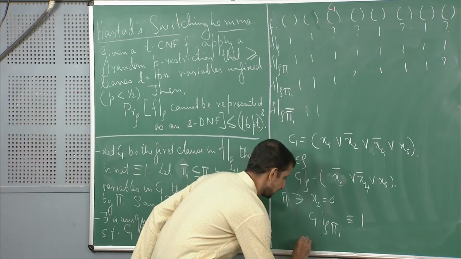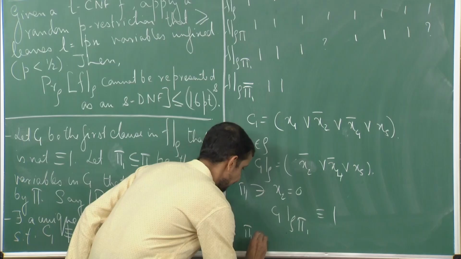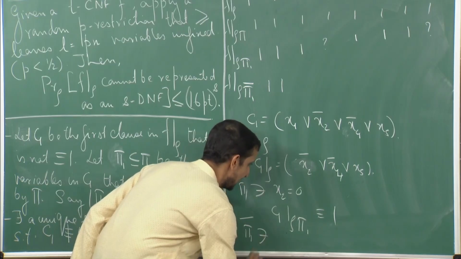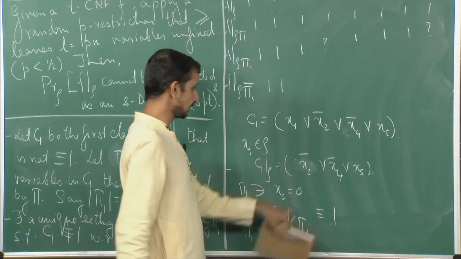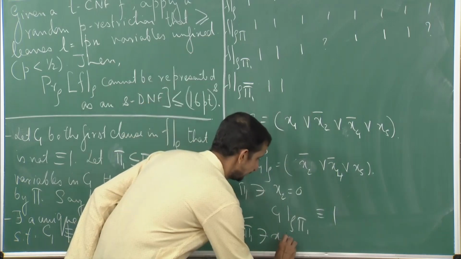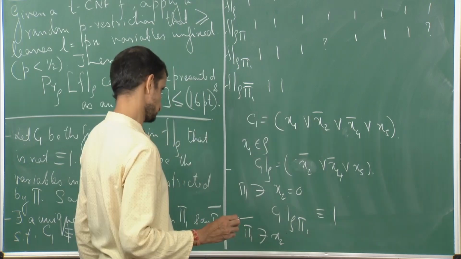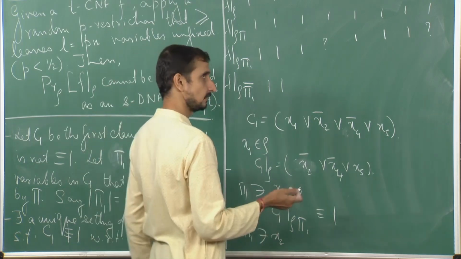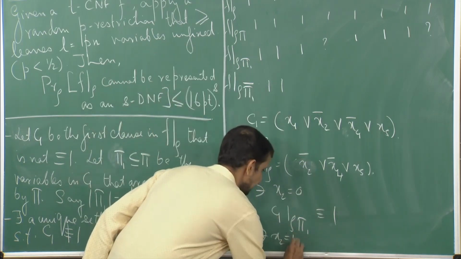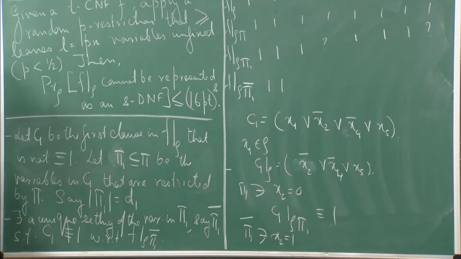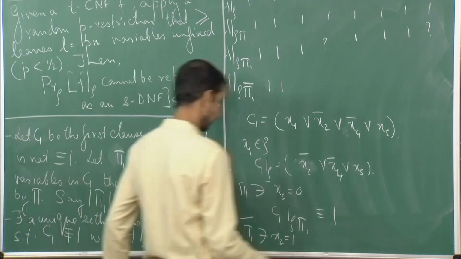So, in pi 1 bar I will have x2. Because this is in the negated form, I will keep it as 1. I will have this restriction, and now what does this become?